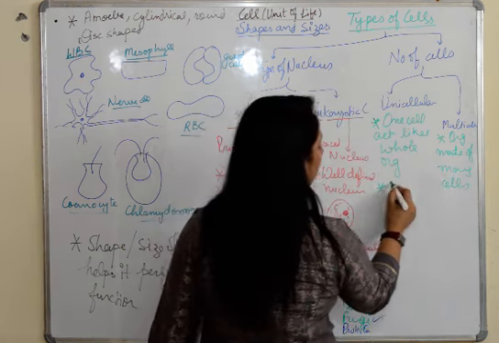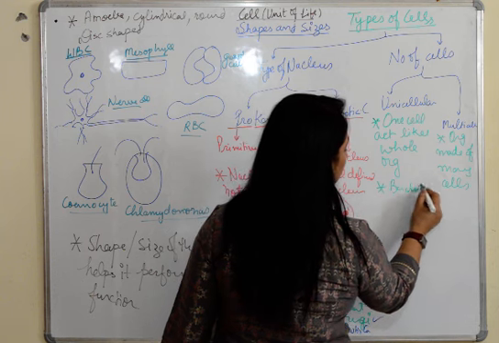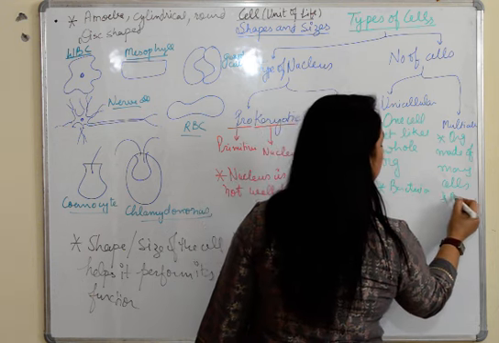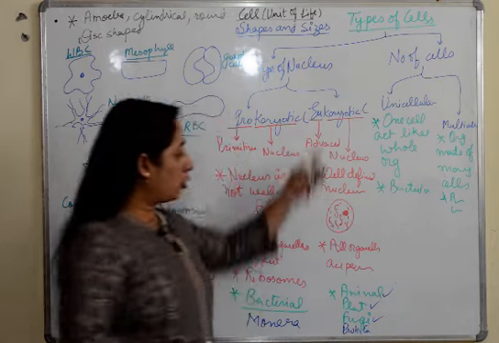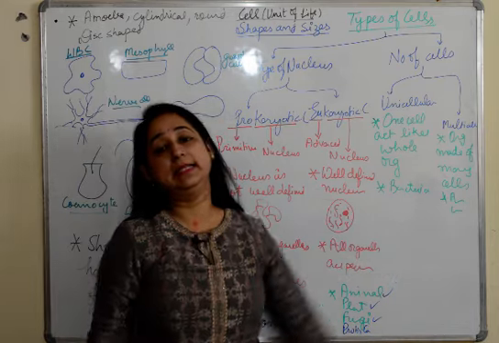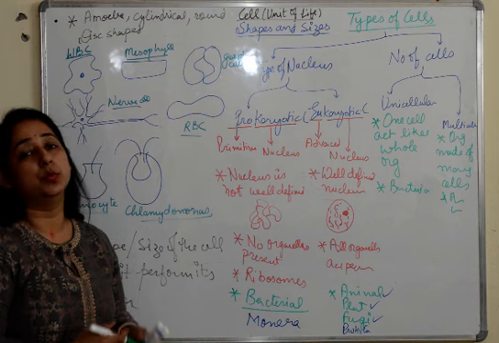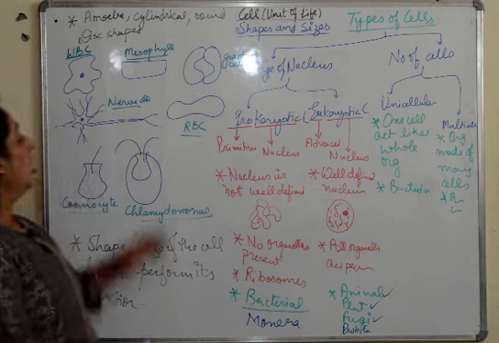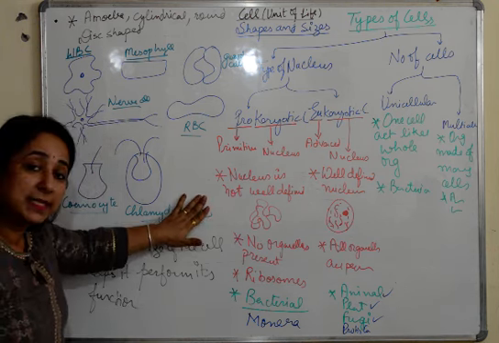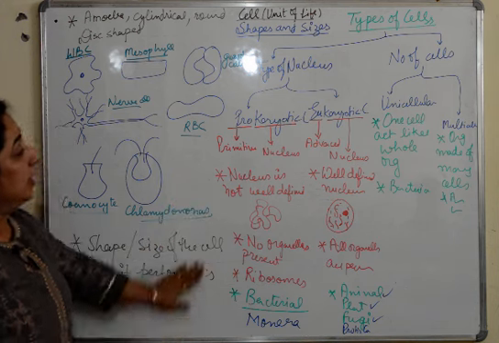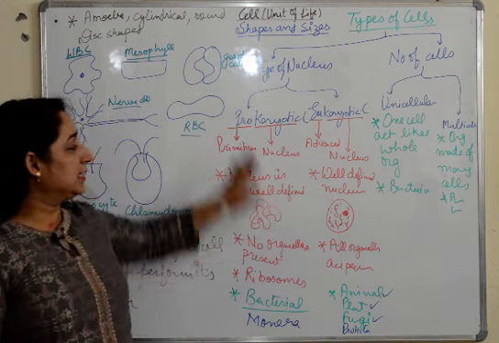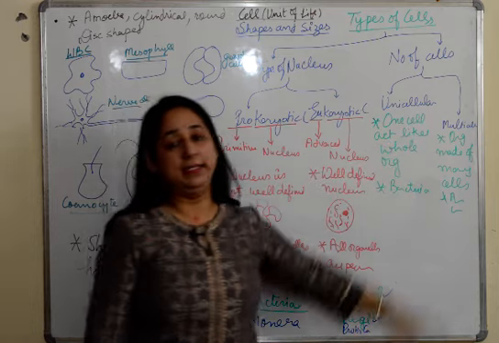Unicellular example bacteria, multicellular example animal, plant, and all. So all the eukaryotes basically are multicellular, whereas prokaryotes are basically unicellular. So we have talked about the different shapes and sizes and why they are important. We have talked about the types of cells: prokaryotic, eukaryotic, uni and multicellular.